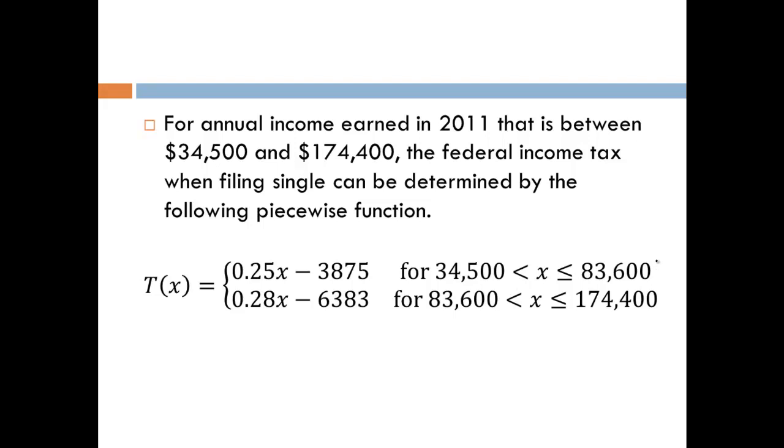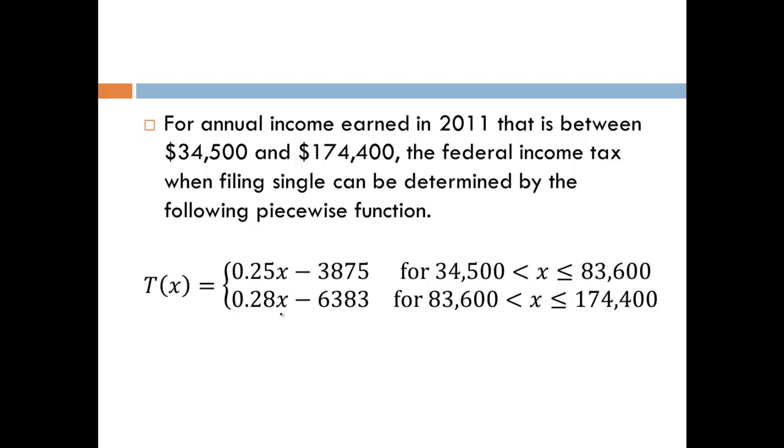And you might want to go back a couple of minutes to look at that schedule and see where this inequality comes from. The second piece of the function says that the tax will be 0.28 times x minus 6,383.